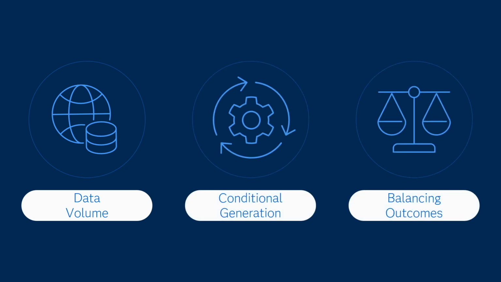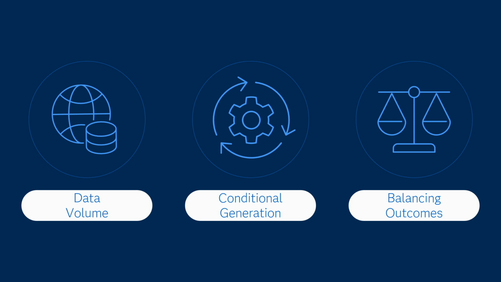The other two approaches are really around a more focused treatment of the data that you're providing into the process. One is being able to generate data on a conditional basis and focus on a certain segment that is underrepresented and enrich that part of the data more.